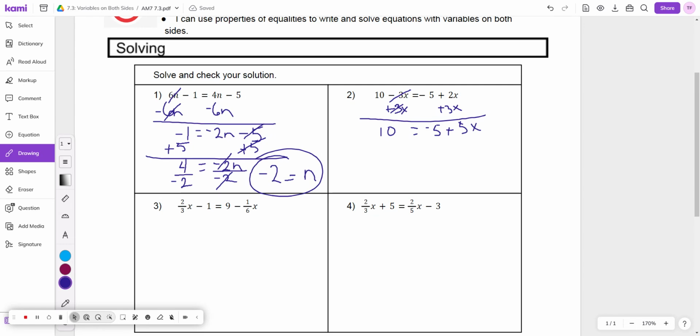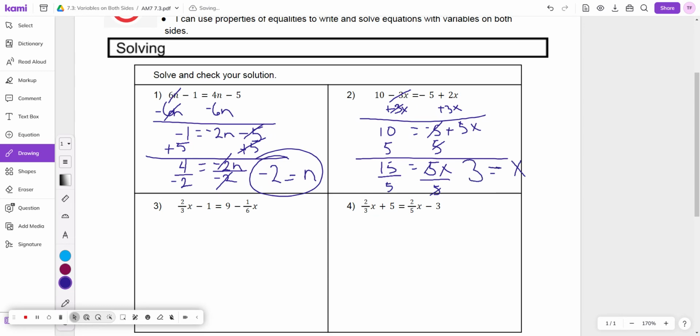Since it's negative, I need to add positive 5 to get rid of it. But of course, whatever I do to one side, I have to do to the other. My 5's cancel out, leaving me with 15 is equal to 5x. Divide both sides by 5. So my 5's cancel out, leaving me with x is equal to 3.